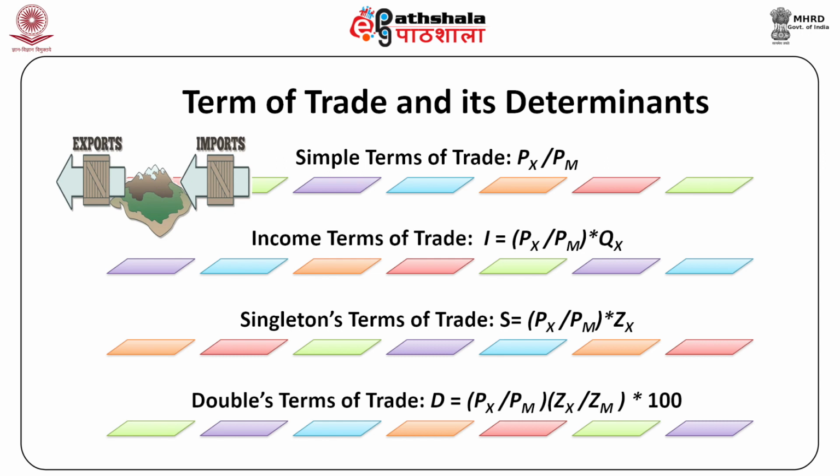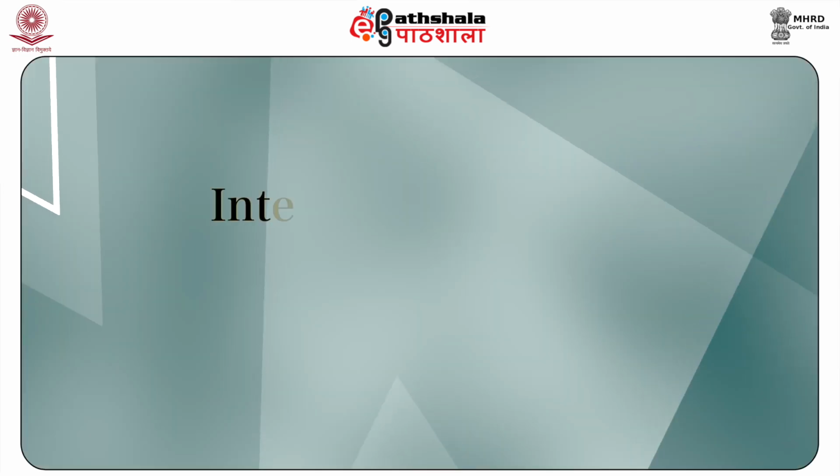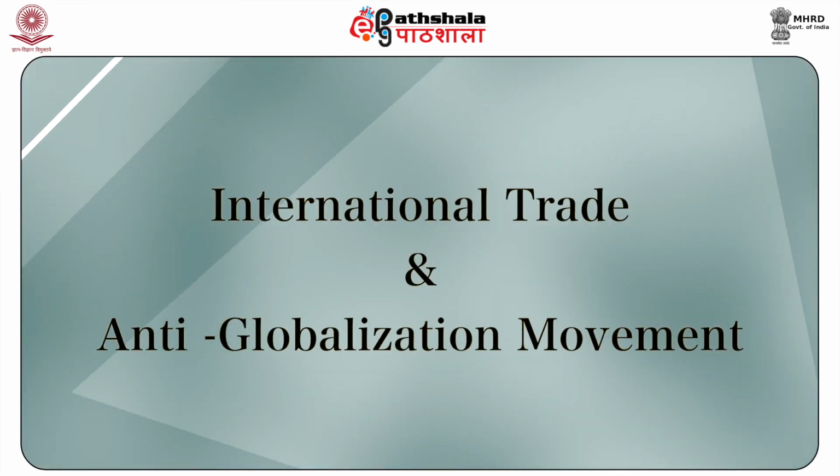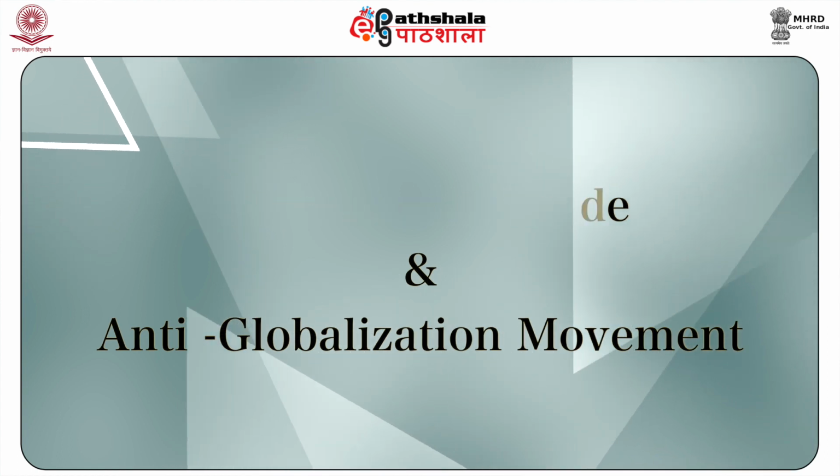Double's terms of trade, that is D, is equal to Px upon Pm multiplied by Zx upon Zm into 100, where Zm refers to the productivity index of imports. D measures how many units of domestic factor embodied in the nation's exports are exchanged per unit of foreign factors embodied in its imports.